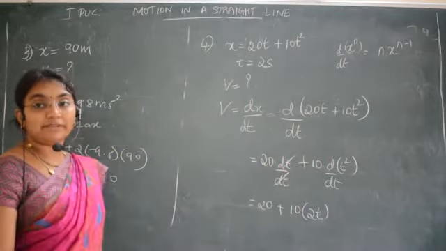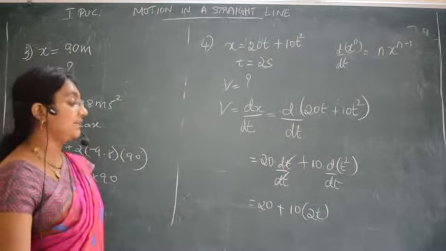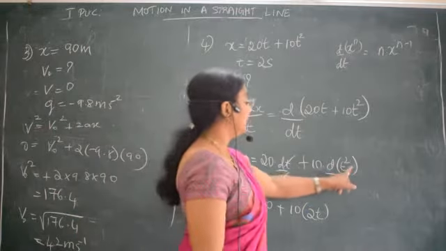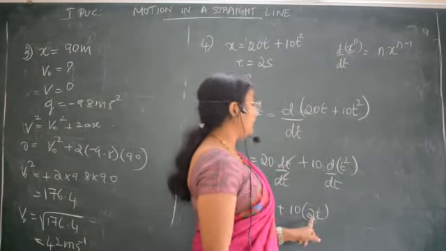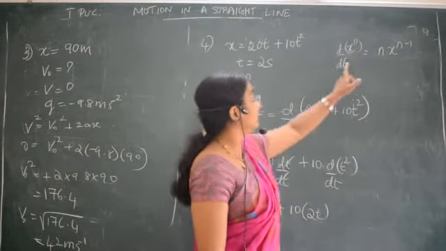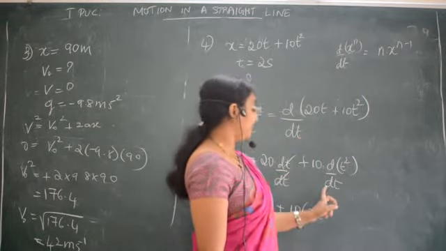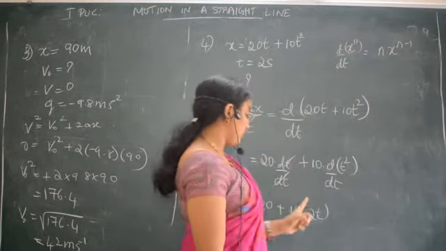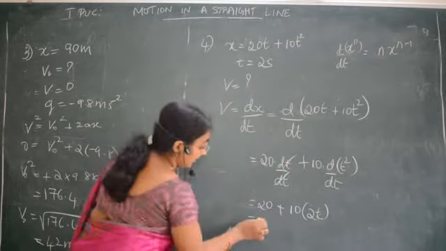Differentiation of x to the power n is n into x to the power n minus 1. Here n is 2, so 2 into t to the power 2 minus 1, which is 1. So therefore 2t.